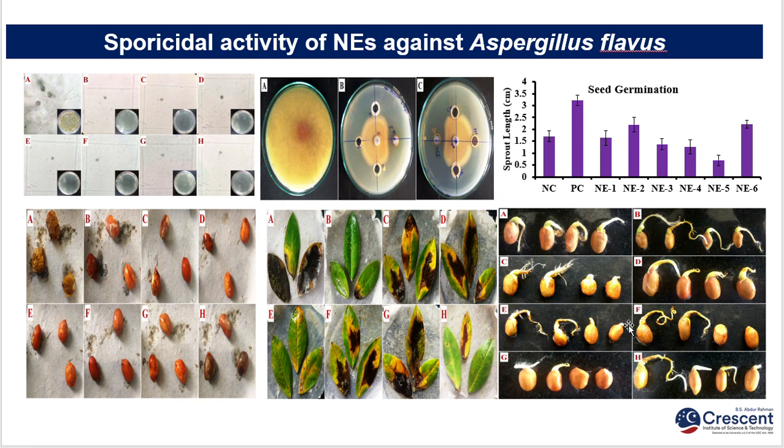It was growing good, like the control. So seed germination happens normally, even after nano emulsion treatment. What I'm trying to say is that the nano emulsion is not hindering seed germination.